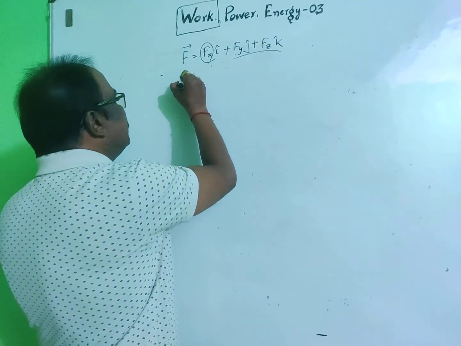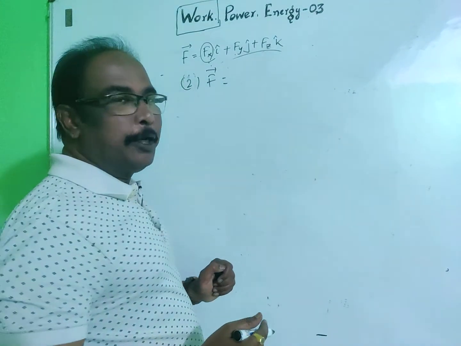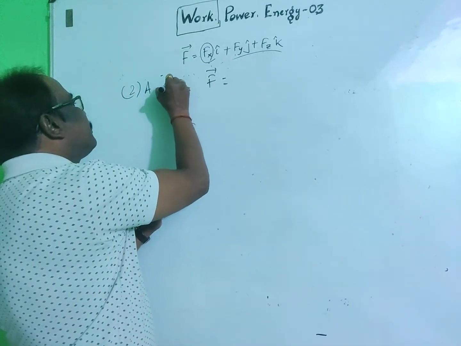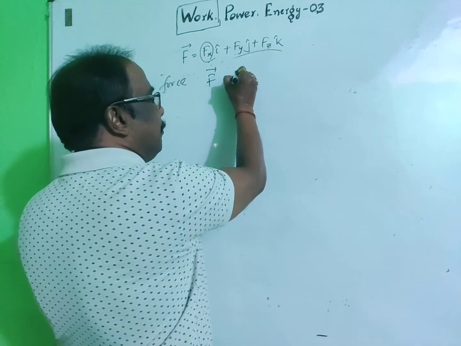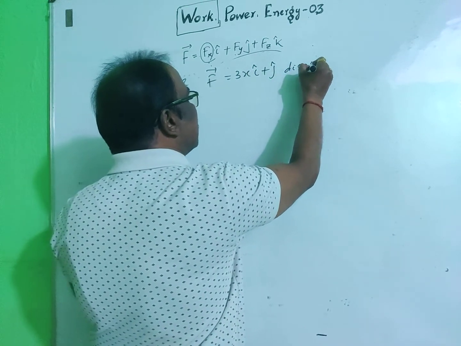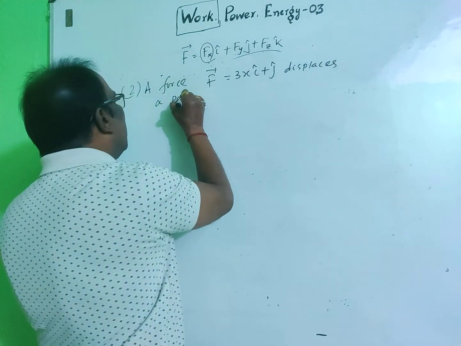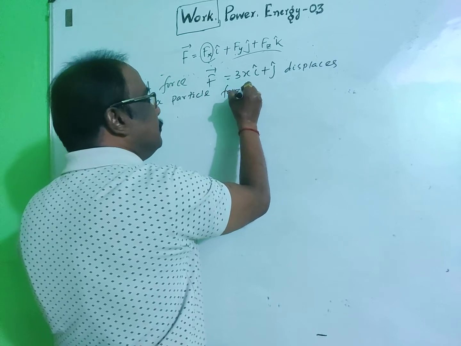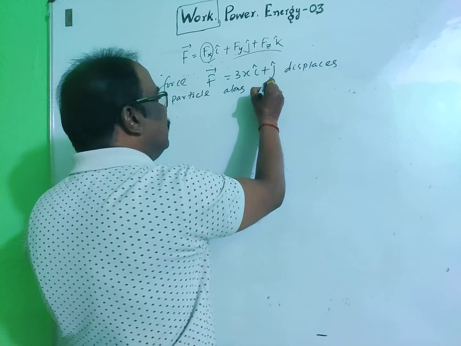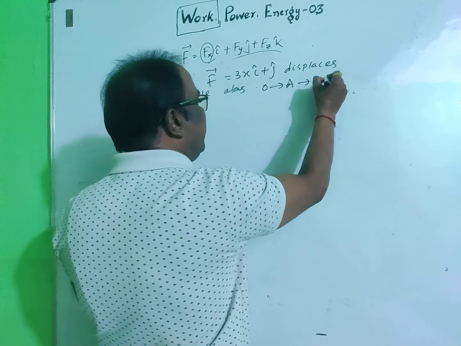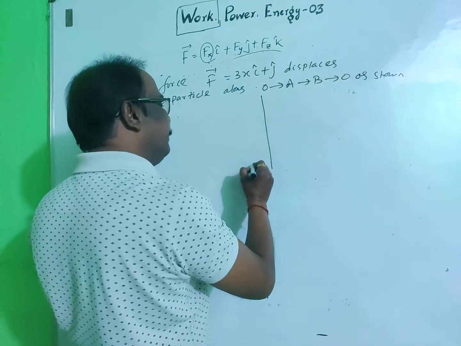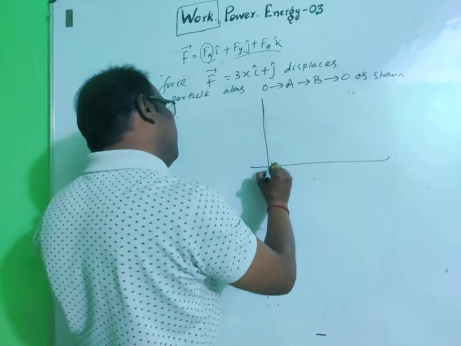Suppose a force F, I am changing the expression, F is equal to 3x i cap plus j cap, displaces a particle along O to A, A to B, B to O. I am showing it on the xy plane.